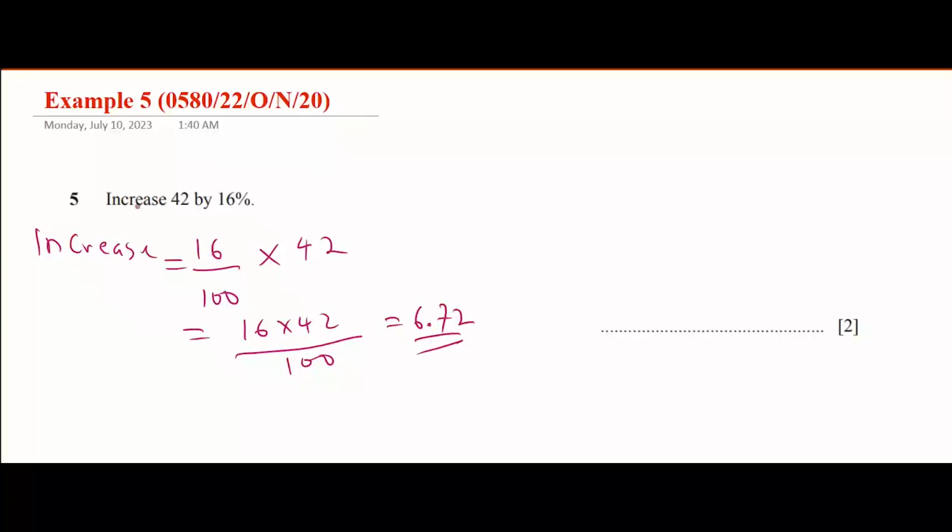So if you increase 42 by 16%, that means the new value, the new number, will be 42 add 6.72, and this will give us 48.72. So if you increase 42 by 16%, it will turn to 48.72. So this is one method.